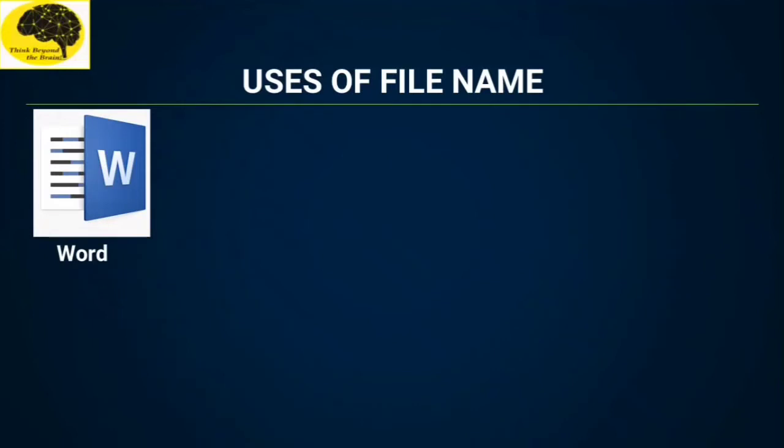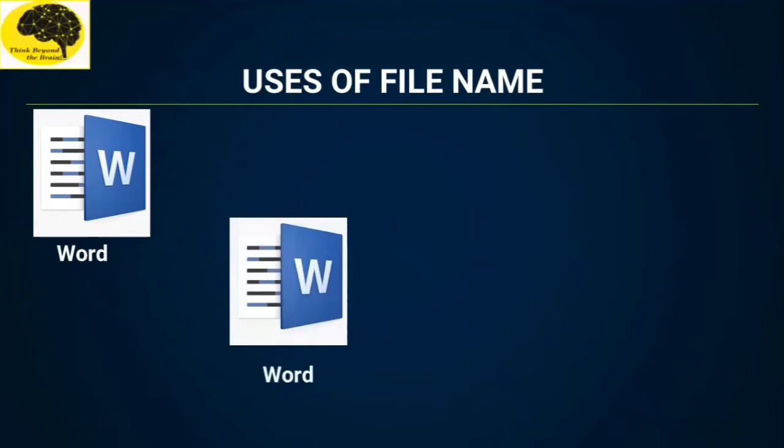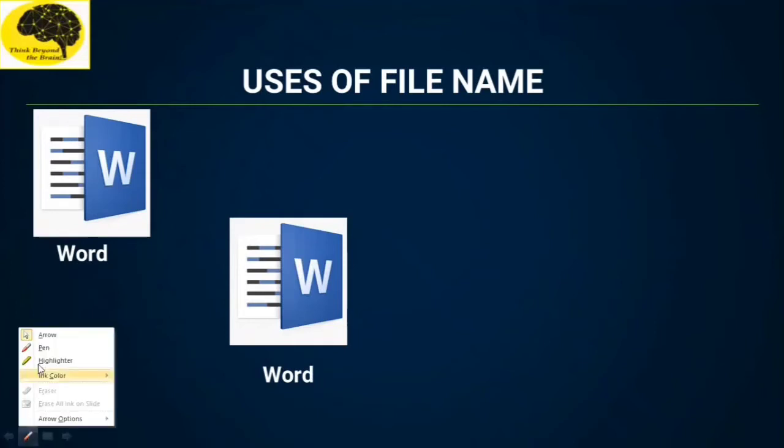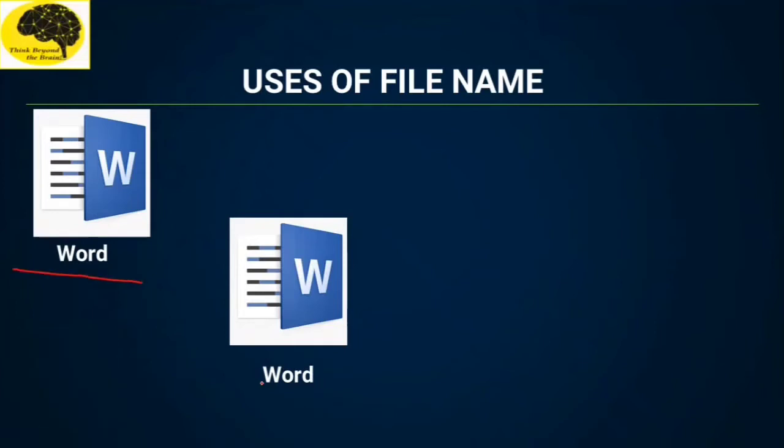Then I make another Word document about my annual day in school, so again its default name is Word. Now how will we understand which one is my family and which one is my annual day? If I open this one, then I will know this one is the annual day and the second one is the family. So this is a little bit of a waste of time.